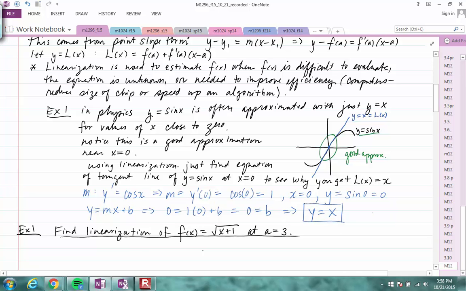So that's how we go ahead and find the linearization of sine x at x equals 0.